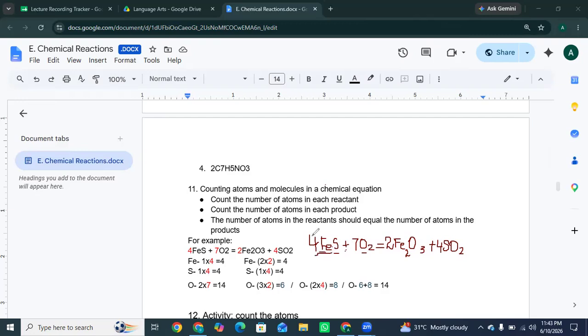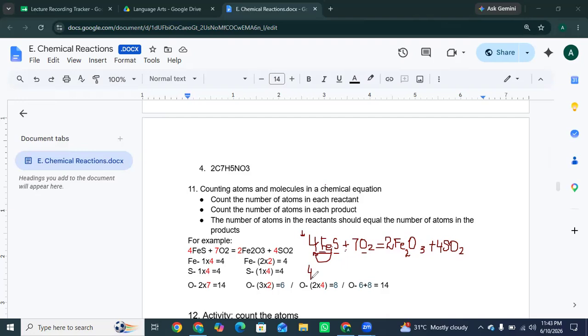We have a big number, 4. As you can see, it doesn't have any small number, so it means it has one atom. One atom multiplied by the big front coefficient, which is 4. So 1 multiplied by 4 is 4.